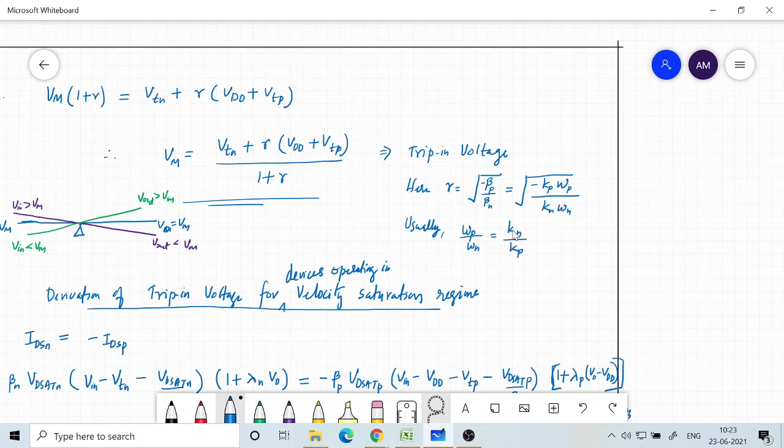So you have to adjust your WP to be such that it is larger than WN by the same amount.